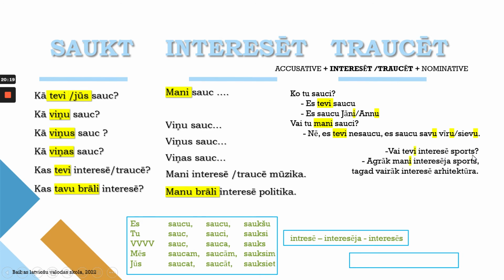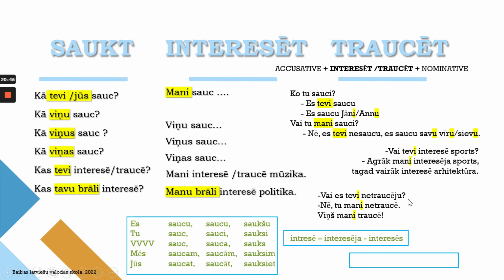Vai tevi interesē sports? Are you interested in sports? Agrāk mani interesēja sports. Tagad vairāk interesē arhitektūra. So earlier I was interested in sports. Now I'm more interested in architecture. Vai es tevi traucēju?